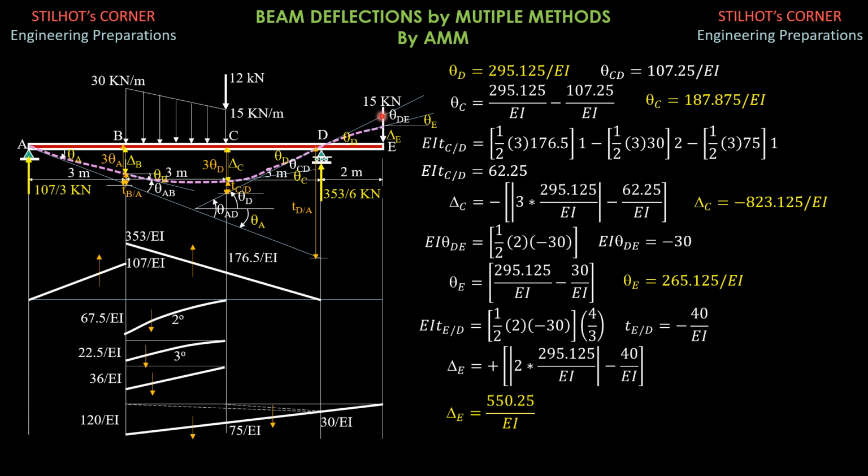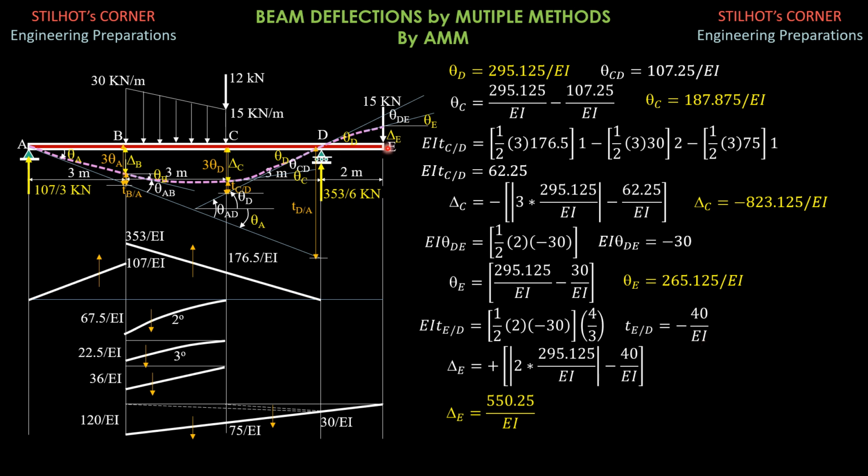But before that, let's compute the deviation of point E on the elastic curve relative to the tangent at D. It is just the moment of area between D and E with respect to E. So EI deviation of E relative to D is 1/2 of 2 times negative 30. Moment arm, this is 2/3 of 2, so that's why it's 4/3. So deviation of E relative to D is negative 40 over EI.